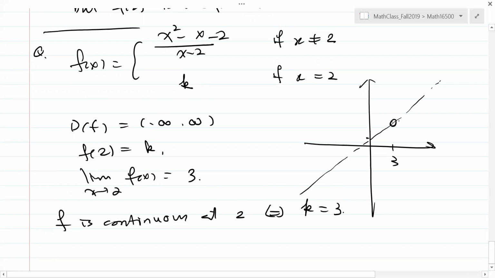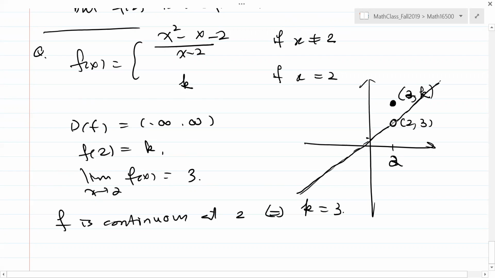Okay, this is an empty circle. This is the original graph without the difference, but the value of k is here. So that is 2, 3. And this is the point 2 and 3.